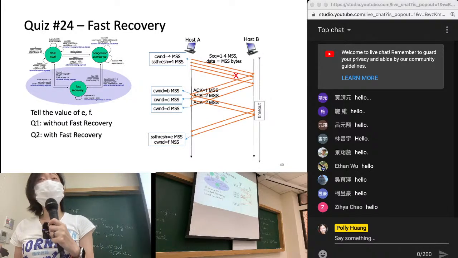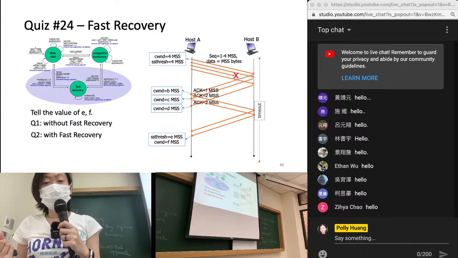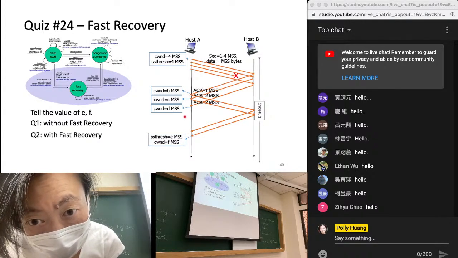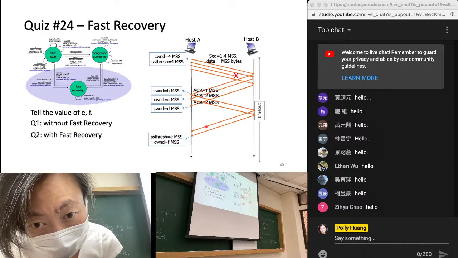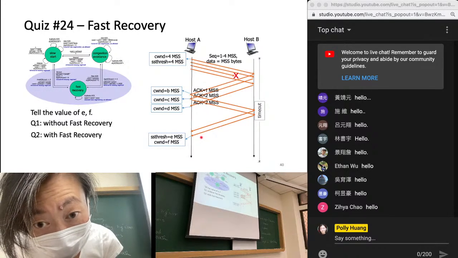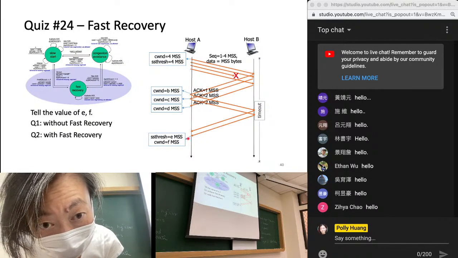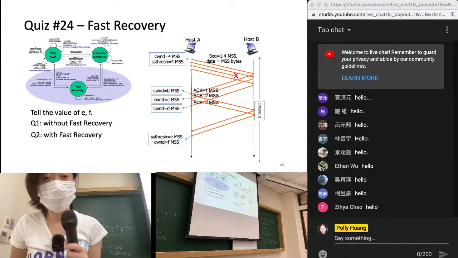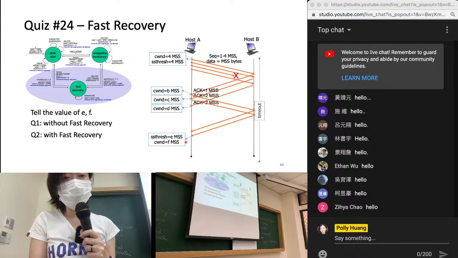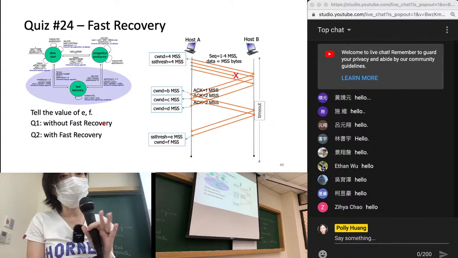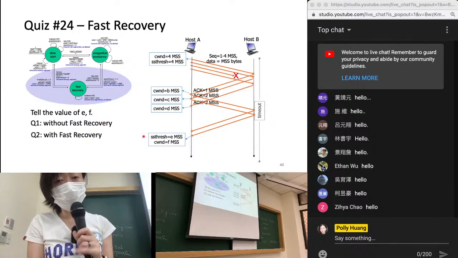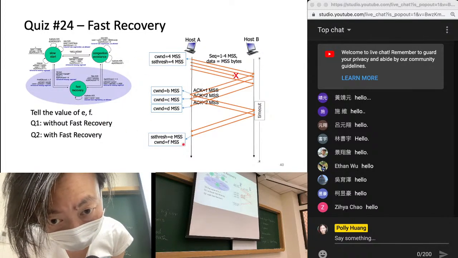It would remain 2 MSS, isn't it? So this is the first duplicate ACK up here, the second one here, the third one here. So 3 duplicate ACKs is going to trigger something. So Q1 is asking, let's assume that this is the original TCP congestion control finite state machine without fast recovery. What will be the value of E and F?